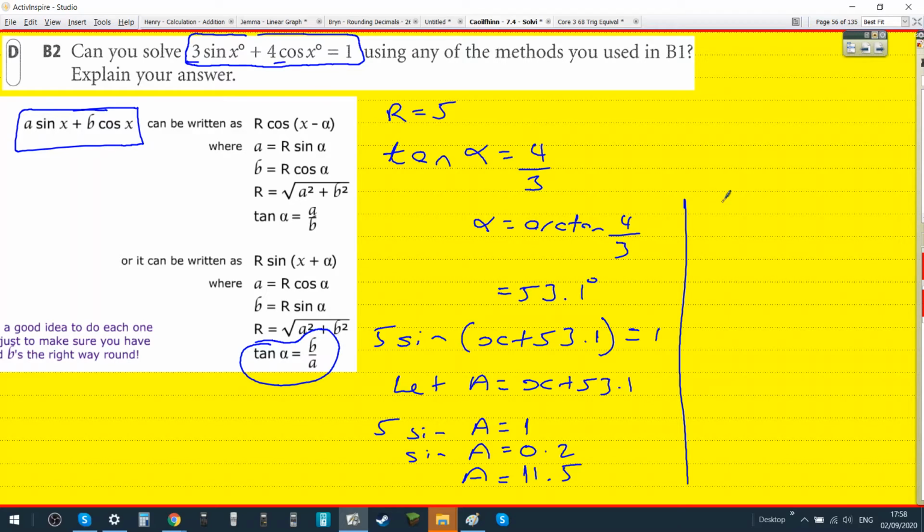Sine, that's second, that's 180 minus 11.5, which is 168.5. Yep.